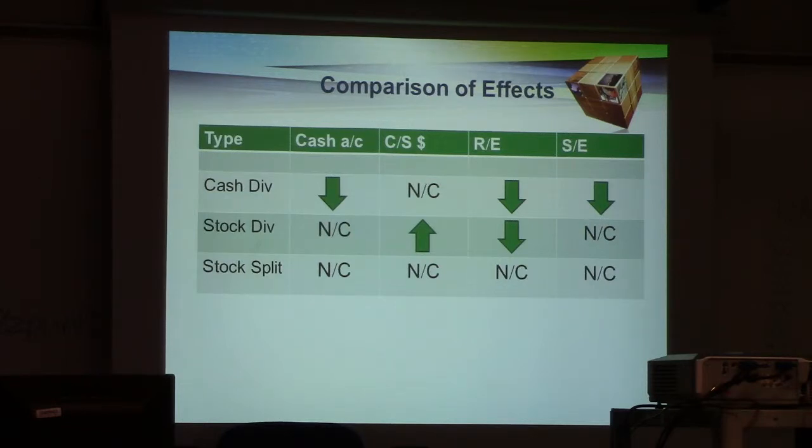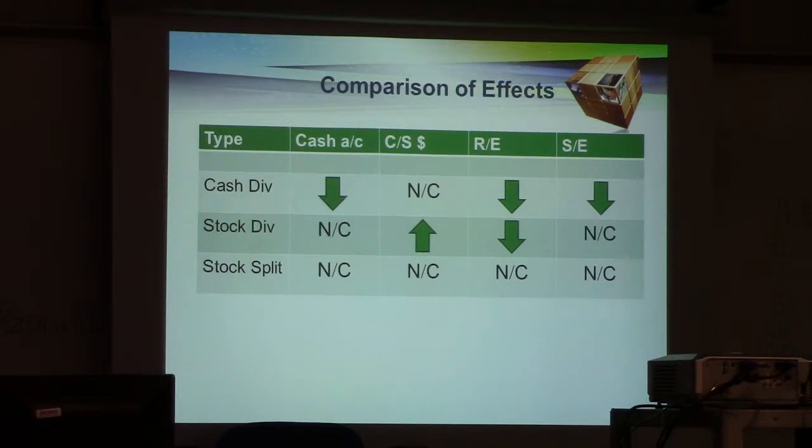You can see on one side I have listed those 3 transaction types, and on the other side of the chart you have the 4 accounts that are usually affected by some of these transactions: cash account, common shares dollar account, which means the common share values, not the common share number, retained earnings account, and the shareholders equity account.